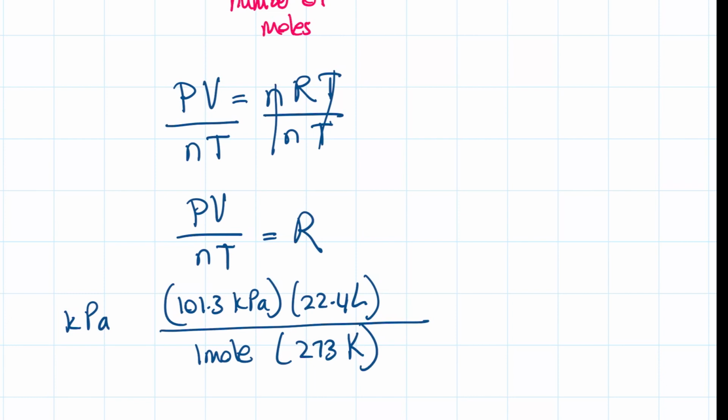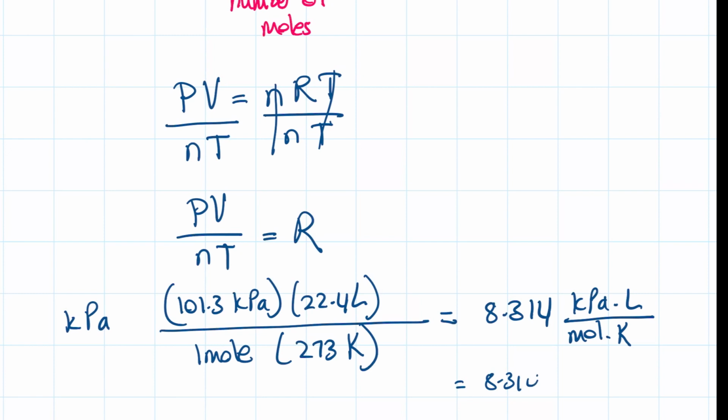Okay, so I'm going to pause the video or wait 5 seconds so you can pause the video, and I want you to solve for this. Solve for all those numbers. When you solve for them, you should get 8.314. Well, what are the units? kPa times liters over mole times Kelvin.